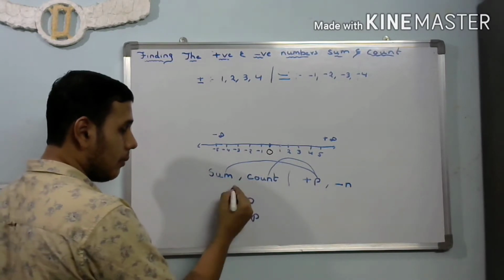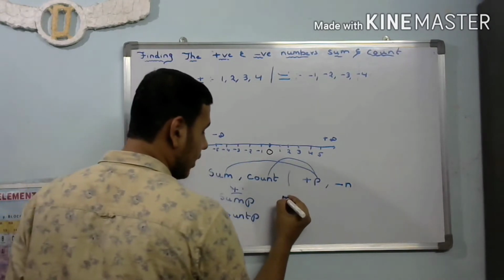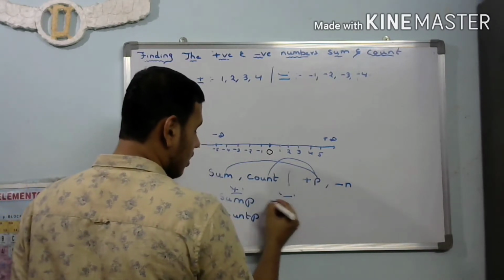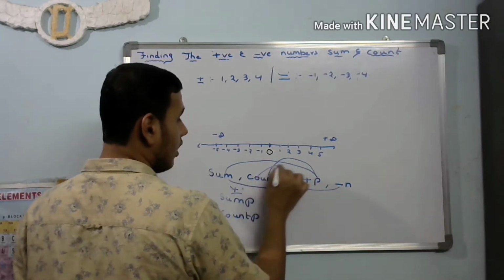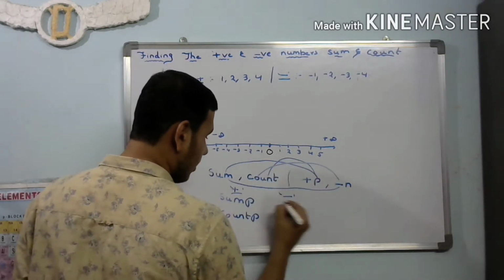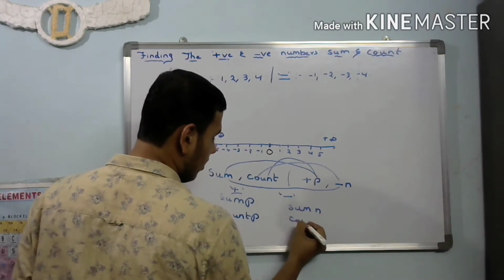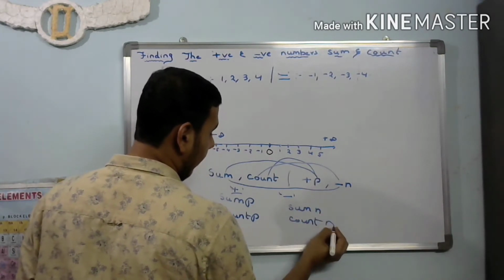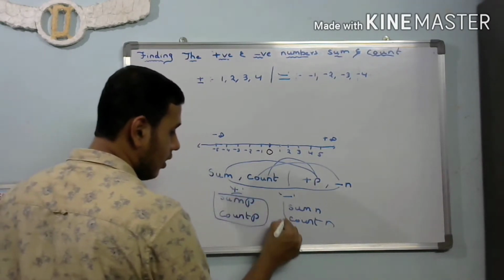That is for the positive side. Now let's go to negative: the same, sum n and count n. So this is what we take in the programming.